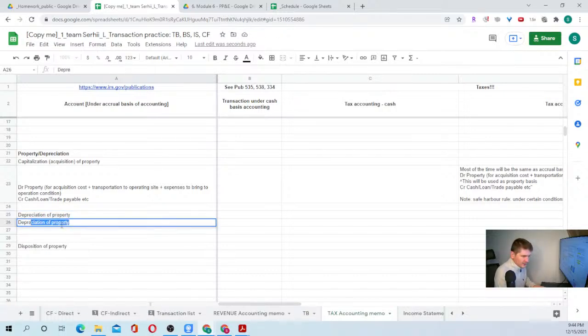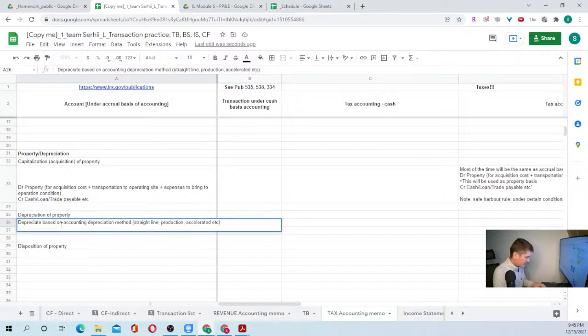So we depreciate based on accounting: straight line, production, accelerated, and we have debit depreciation, credit accumulated.